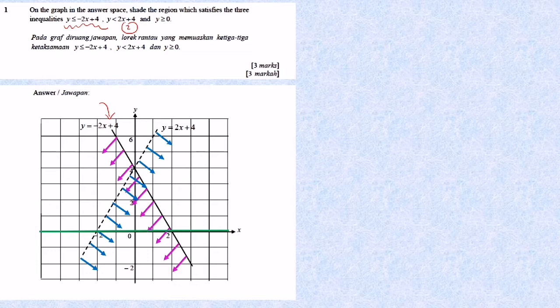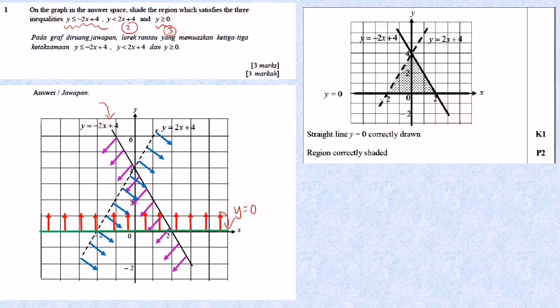The next one, y greater than or equal to 0. You know on the x-axis y equals 0, so the region is above the straight line. Last, you shade the region.